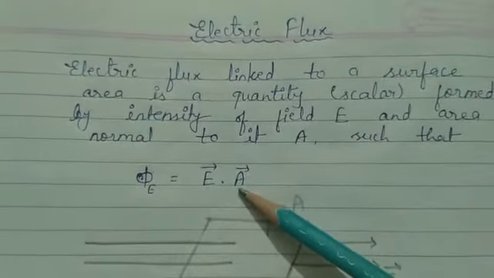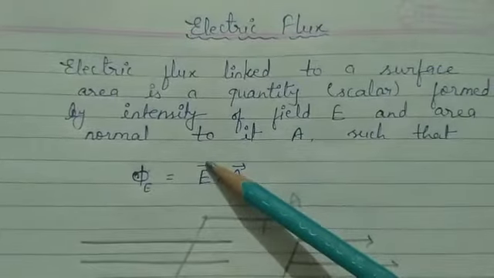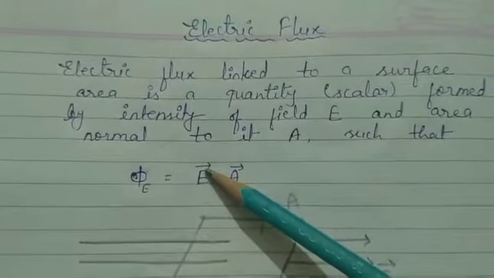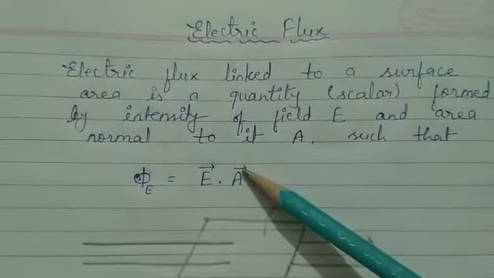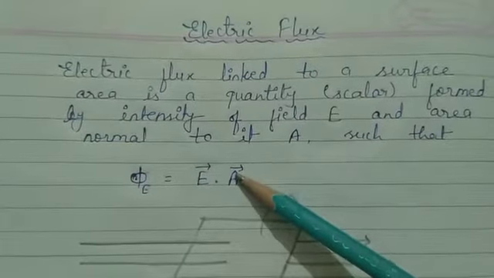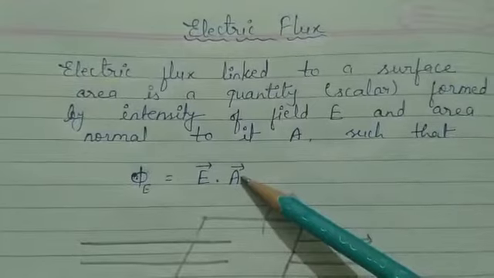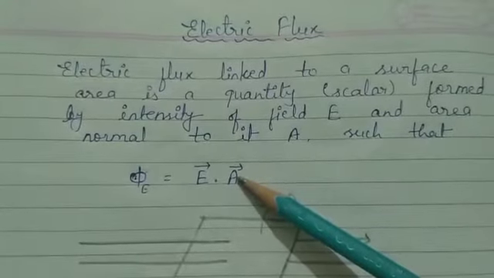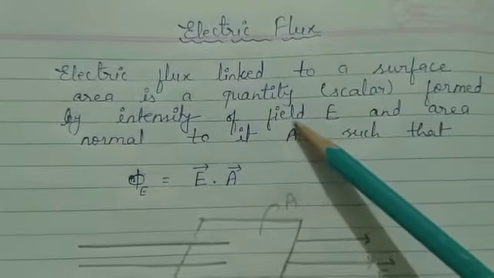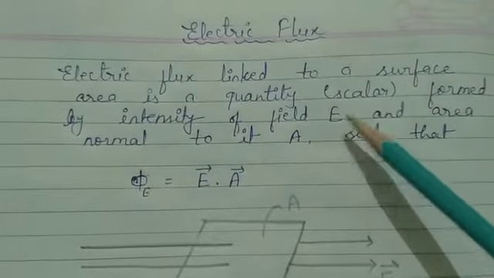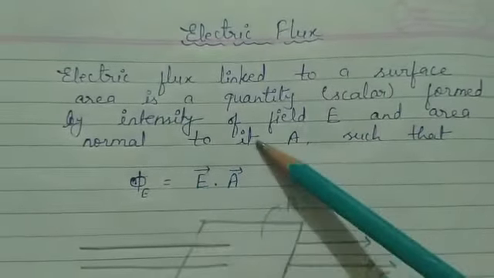into A. So you can see E is a vector quantity, and area here we are taking as a vector quantity because area here has a specific direction. In the definition you can see it is written electric field E and area normal to it.